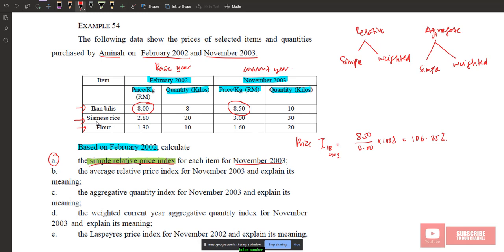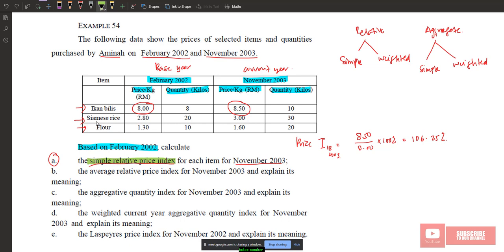So now, before I forgot, how to interpret the price index, how to explain the price index. If the price index is equal to 100%, it means there is no change between the current year and the base year.